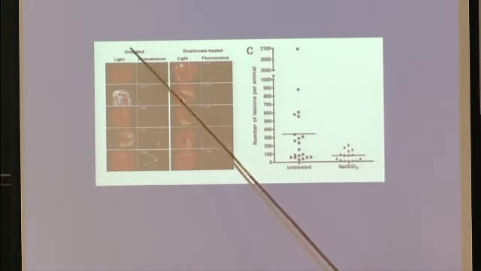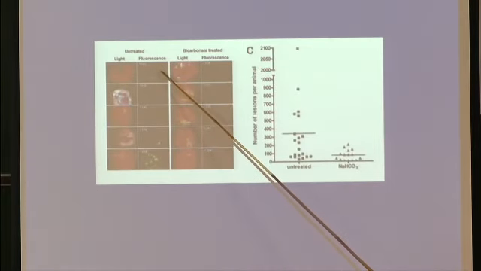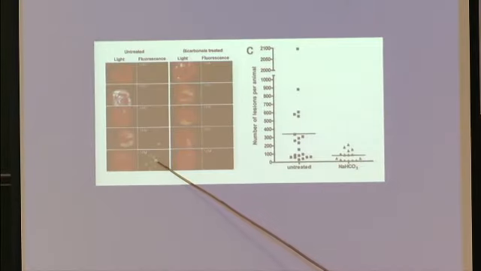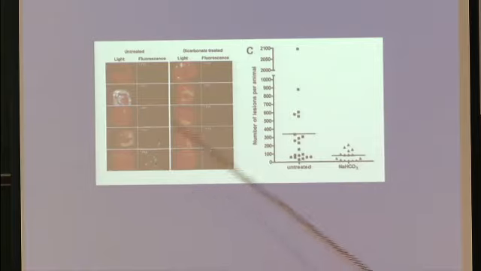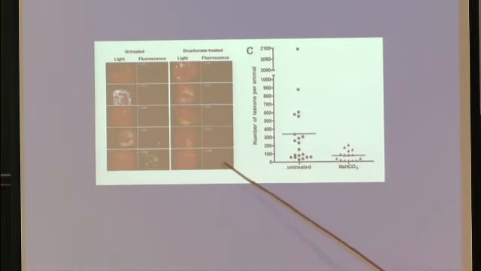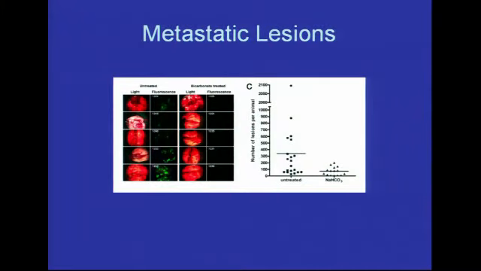And this is untreated, and the fluorescence, you mark the cells with fluorescent dye, and where you see the fluorescence here, those are tumors. So there's a lot of invasion. Here's a treated mouse, and you can see very little. And this is better done here.